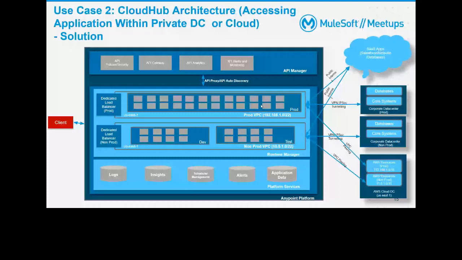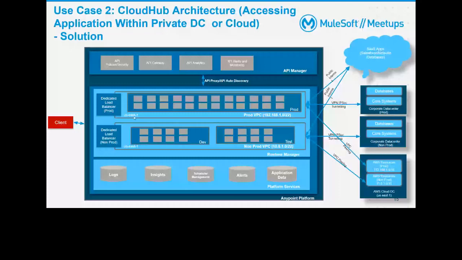I ensure that my VPC is in the same region as the AWS VPC, because I have to do the VPC peering. My AWS cloud is in US East 1, so I also create the VPC in US East 1. Generally it is recommended to create it near your data center.